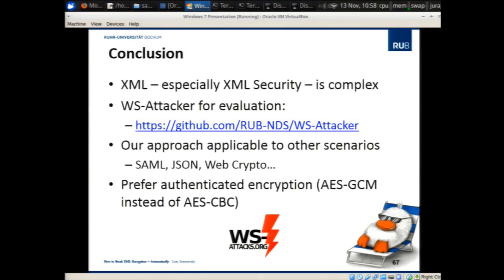Did they change the standard to only use verified data for encryption, or is it just an implementation issue? We executed the attacks in 2011, and at this point in time there was XML Encryption 1.0.